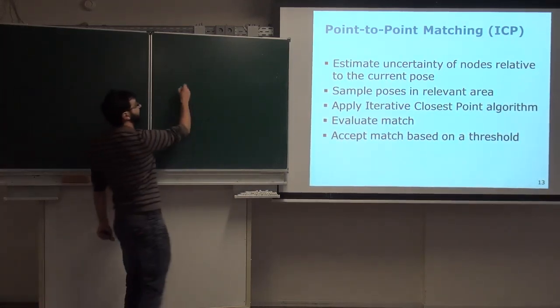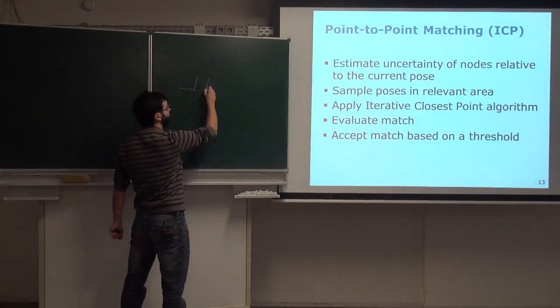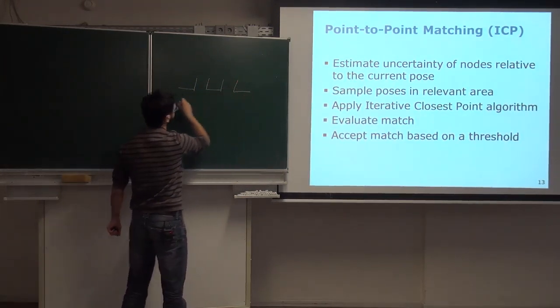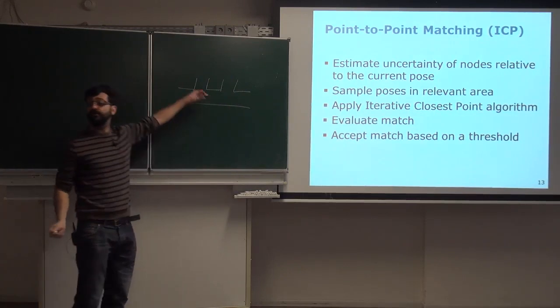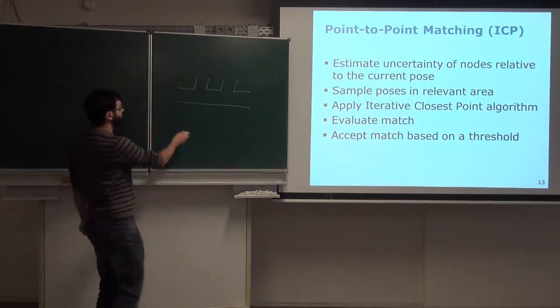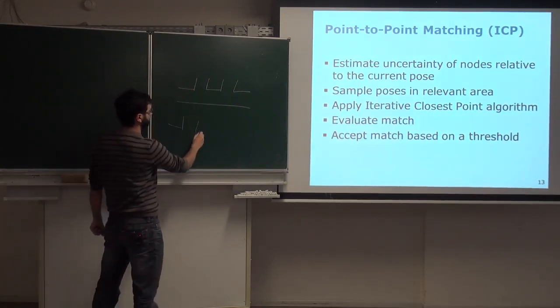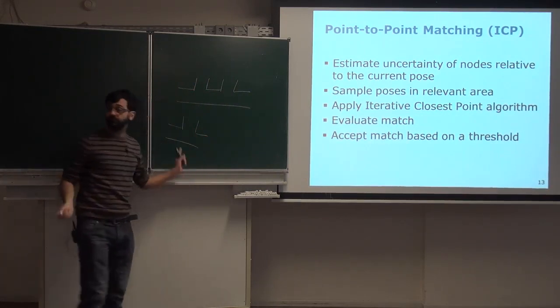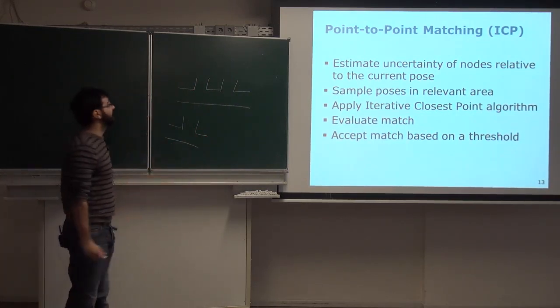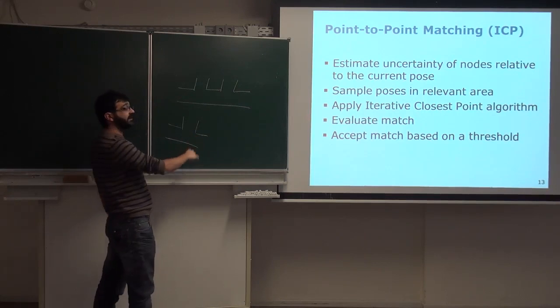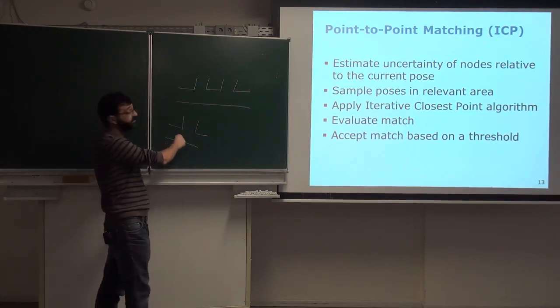The idea sometimes, like, imagine I have a situation like this, no? That's my one scan, let's say, and the other one looks like this. Okay, very similar. This is just an example. Later on we'll see how to deal properly with these things.